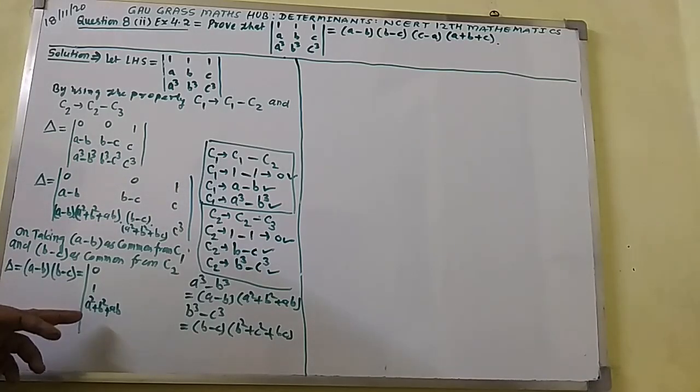The elements of first column will be 0, 1, a squared plus b squared plus ab.